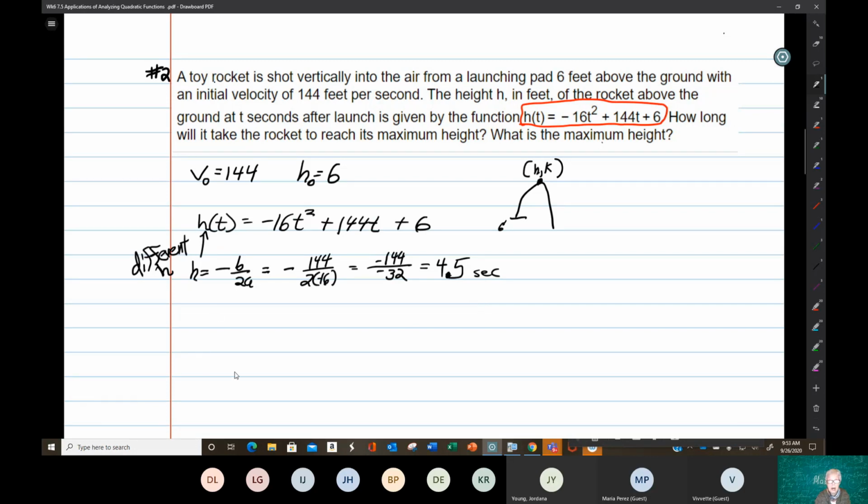And its maximum height will be H, the height at 4.5, which is going to be negative 16 times 4.5 squared plus 144 times 4.5 plus 6.